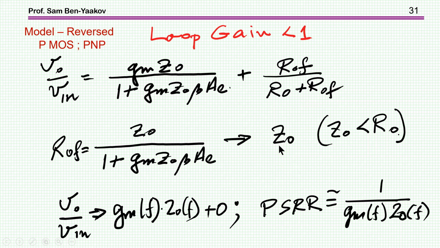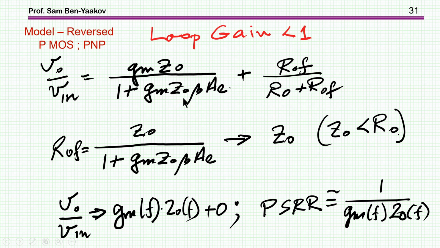However, Z out in this range is fairly small because we have an output capacitor, and we are talking about high frequency beyond the crossover frequency of the error amplifier. So therefore, Z out will be much smaller than R out of the transistor, and therefore again this part here actually does make a big difference if there is something here, if it is left by itself, and this will be the case in the normal mode.